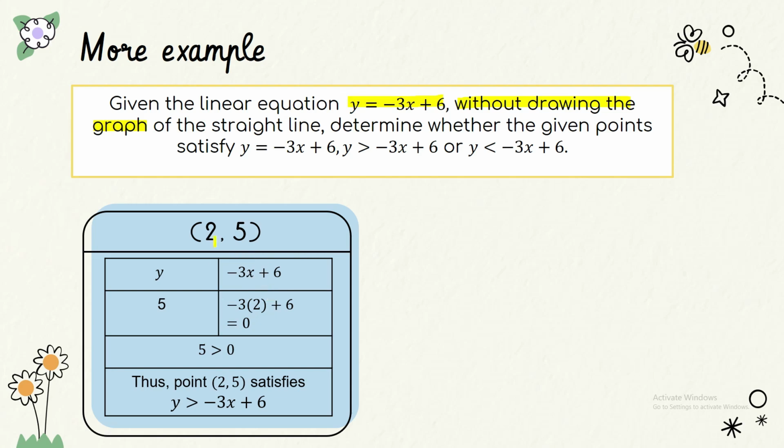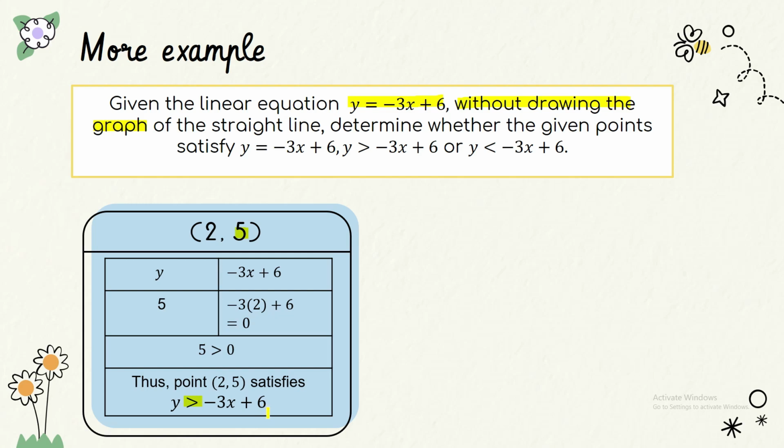Now for this point, the 5 we put here. This is the y coordinate. And then the x coordinate, we insert this x into this equation, then you solve it, then you get 0. Okay, 5 is higher than 0, thus point 2, 5 satisfies y higher than negative 3x plus 6.